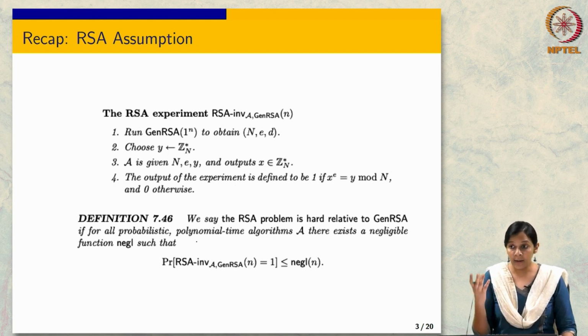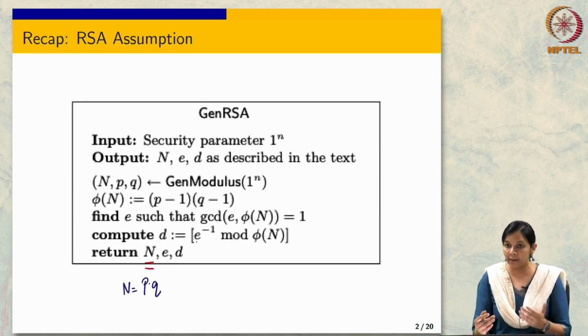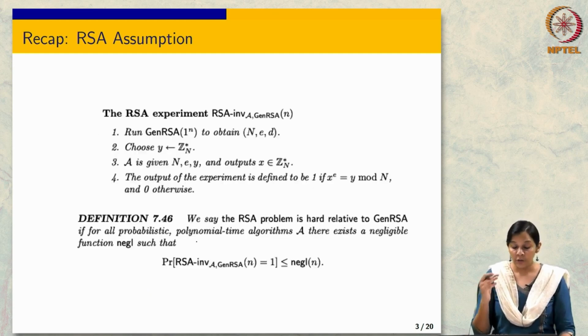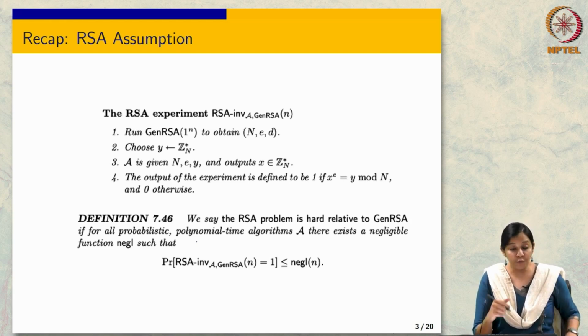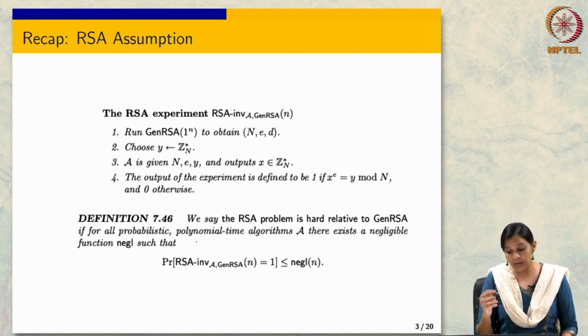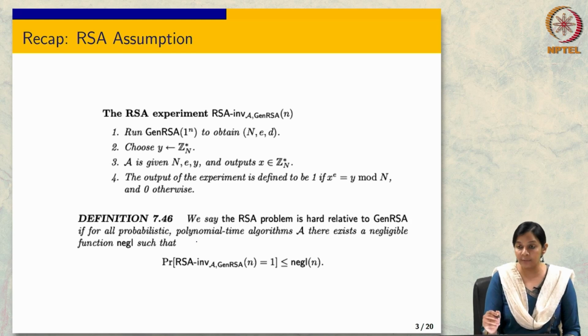Recall the RSA assumption. The RSA assumption is going to tell us that relative to this Gen RSA procedure, there is some hard problem. So let's try to remember very precisely what it is. We had defined this RSA experiment.